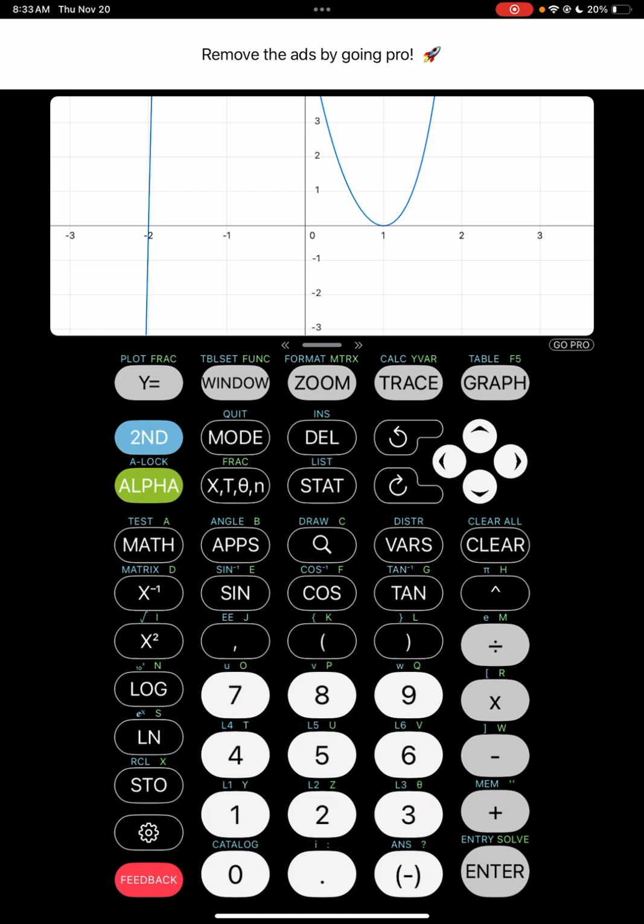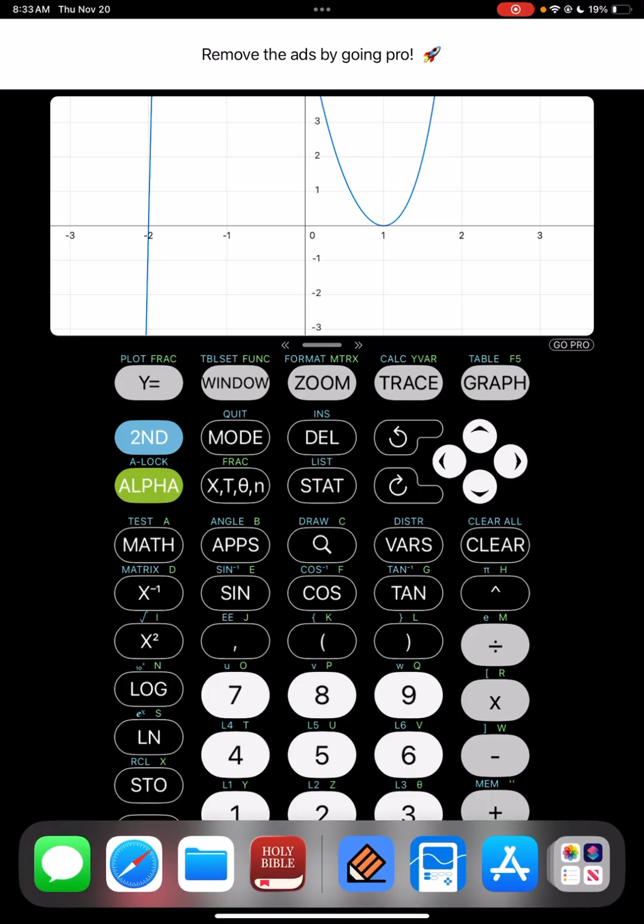But we know that at least 2 of my solutions are x is equal to -2 and x is equal to +1. Again, we don't know how many times x is equal to +1, but we know it's going to be at least twice, right? It could be more, but it's at least going to be twice. So those are at least 3 of our solutions.